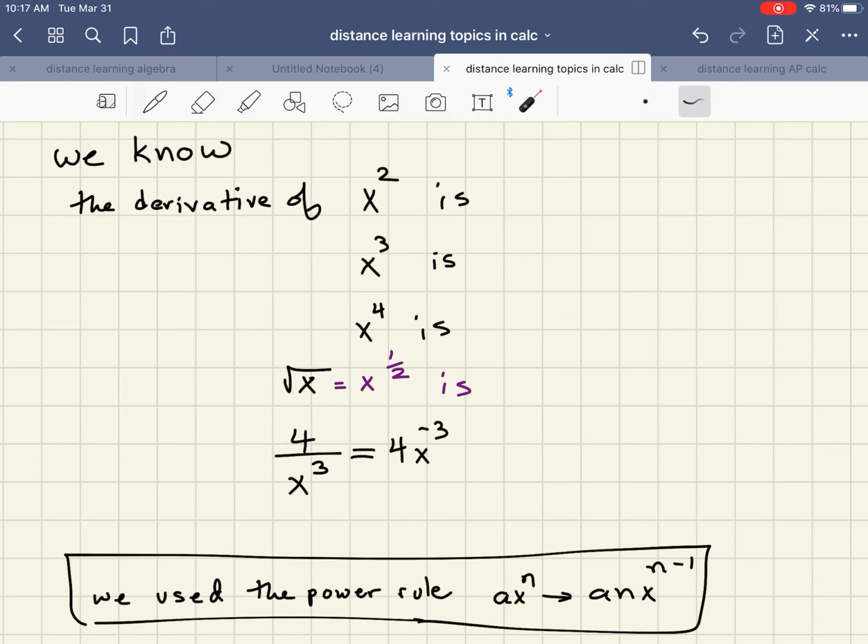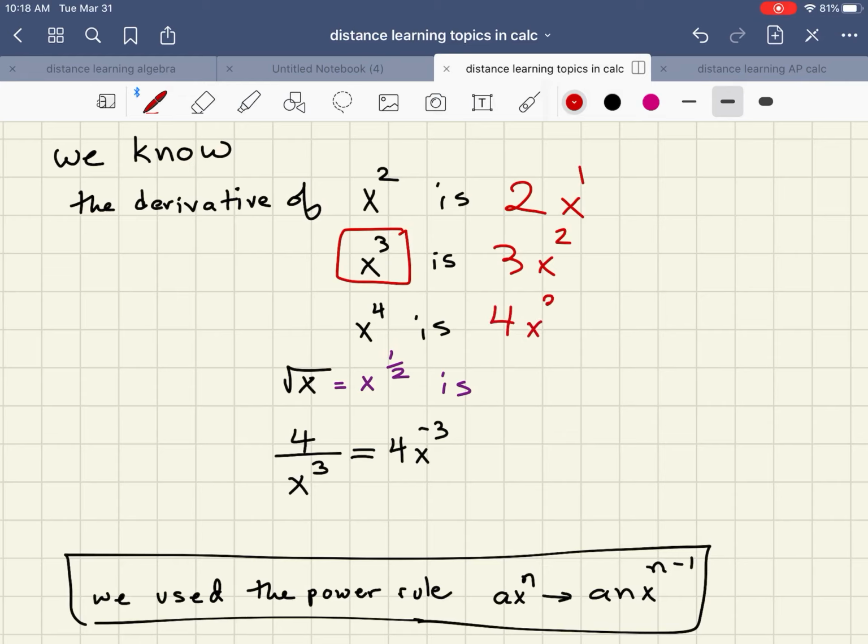If we had x squared, we take the 2, it becomes a coefficient, and then the exponent drops down by 1, right? For x to the third, it's going to be 3x squared. x to the fourth, 4x to the third. The square root of x, which is x to the half, becomes 1/2 x to the negative 1/2.